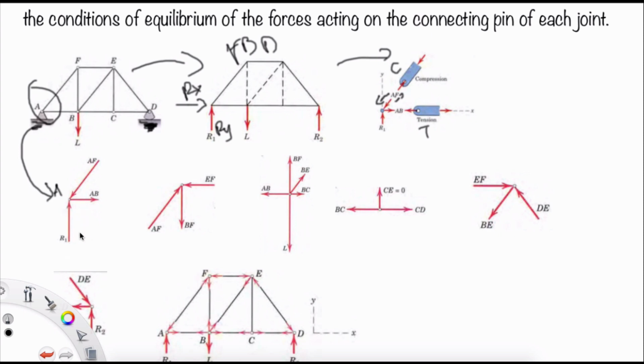Why do we start from joint A? We can begin from anywhere, but the easiest is to begin the analysis with any joint where at least one known load exists and where not more than two unknown forces are present.